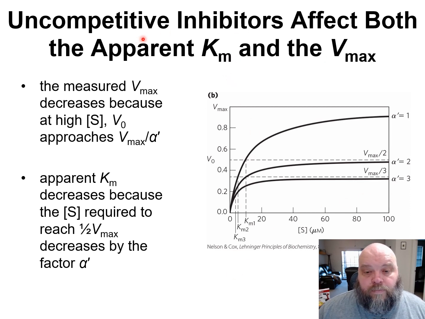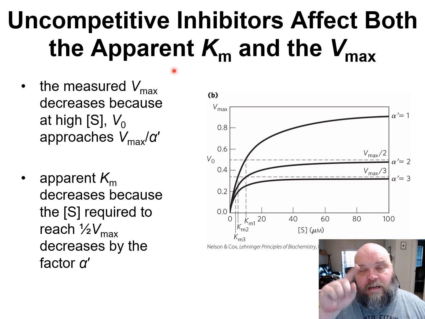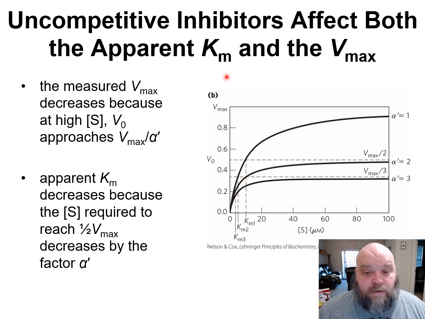Here, though, if you have uncompetitive inhibition, if the I binds at the same time you have the enzyme substrate transitional state, this actually does lower Vmax. Competitive inhibition, remember, doesn't lower Vmax. Here it does.